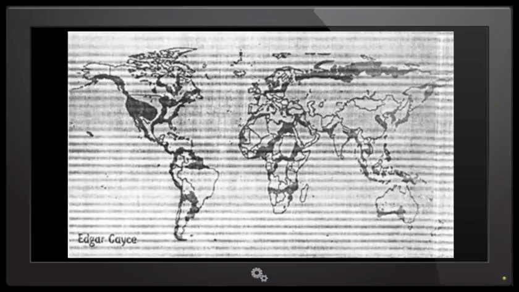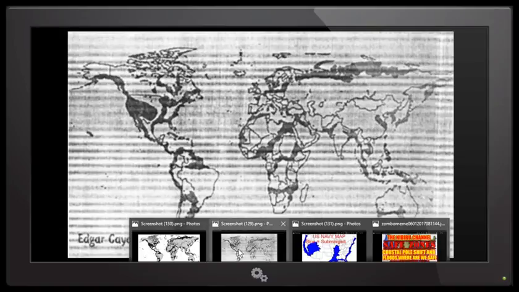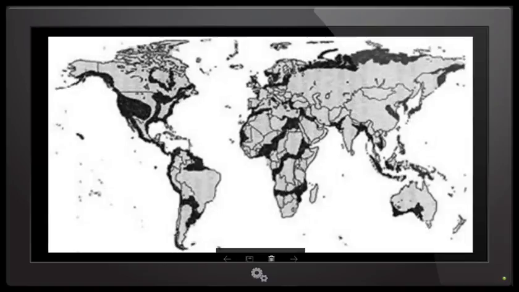And after his dream, he woke up and he sat down and he drew a map of what his dream envisioned. Now, this is the actual original. We've cleared it up to take out the lines, and you can see where the possibilities of the U.S. naval map, the flood map, came from.